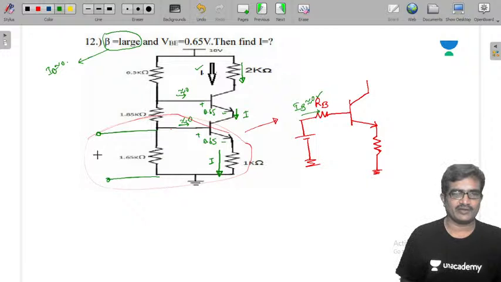The voltage at this point equals 10 into 1.65k by 1.65k plus this resistance 1.85k plus this 6.5k.